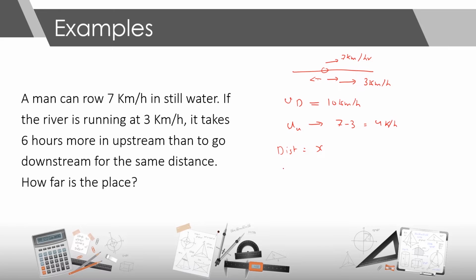If we are moving at a speed of 10, the time taken will be x upon 10. And if we are moving at a speed of 4, the time will be x upon 4. We are given that x upon 4 minus x upon 10 is equal to 6 hours. So we just have to solve this equation and we will get the value of x.